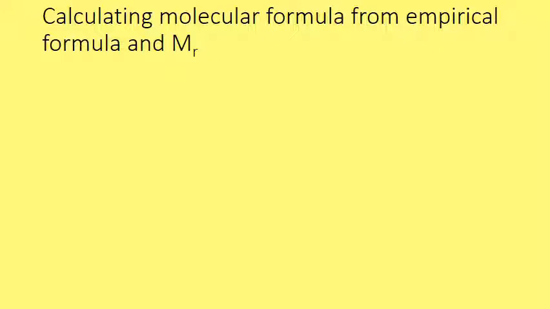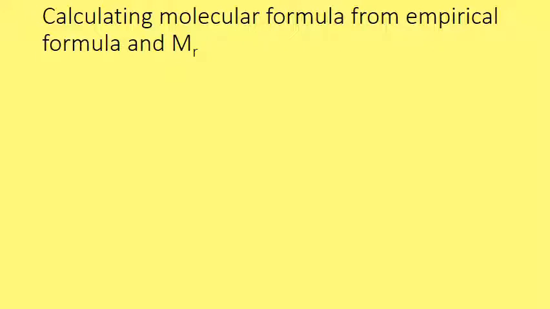So essentially, in the last slide we calculated the empirical formula from a displayed formula, which was very similar to the molecular formula. The displayed formula is just what the molecular formula looks like with a few bonds. If instead we wanted to calculate the molecular formula from the empirical formula, this is what we would do, and you need the relative molecular mass.